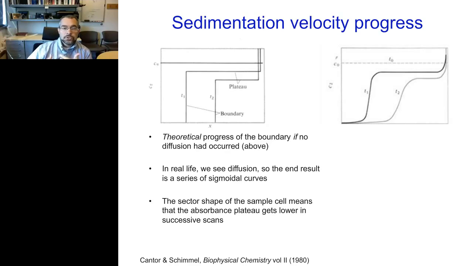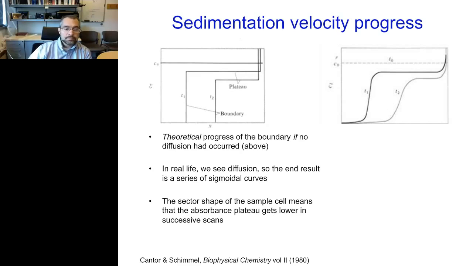Now, as we start to spin the rotor, we're applying a centrifugal force and throwing the protein outward, and after a certain amount of time, you will see something like this. Again, remember, diffusion has been turned off in our thought experiment. What happens is that the protein will sediment. Remember that we're always by default showing the inside of the cell on the left and the outside of the cell to the right, so the protein is going left to right in our schematic.